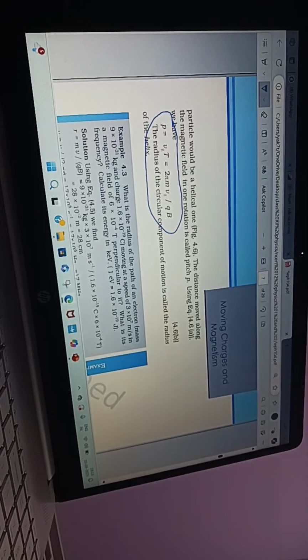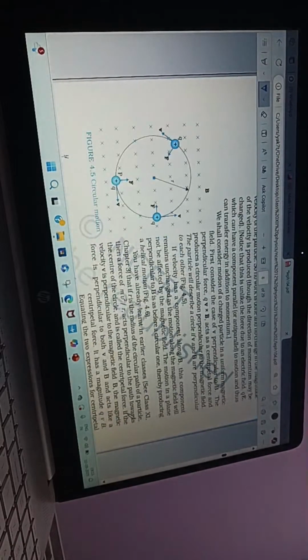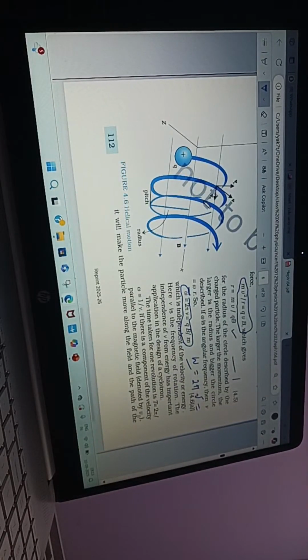Yes, sir. What is the parallel component of velocity? Here two components are there: one is the vertical component, another is the parallel component. Parallel component is V cos theta, and vertical component is V sin theta. So your parallel component into T will be the distance from here to here.